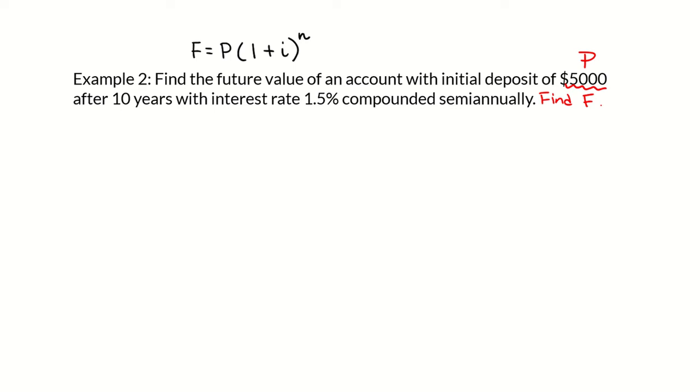So let's next find I. I is the interest rate per period. The rate overall is 1.5%, which is 0.015. Compounded semi-annually means twice per year.